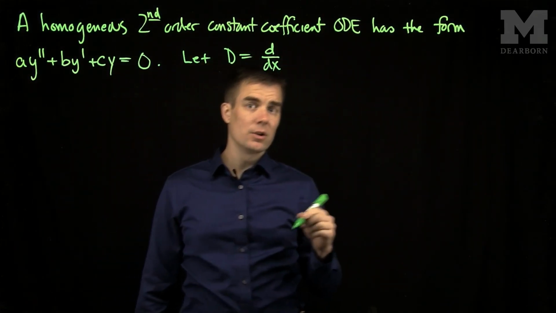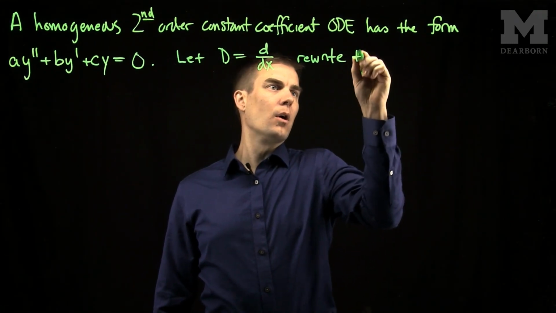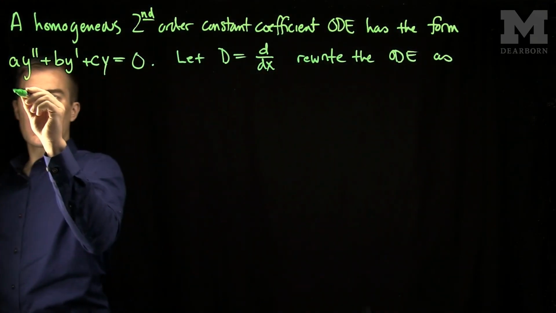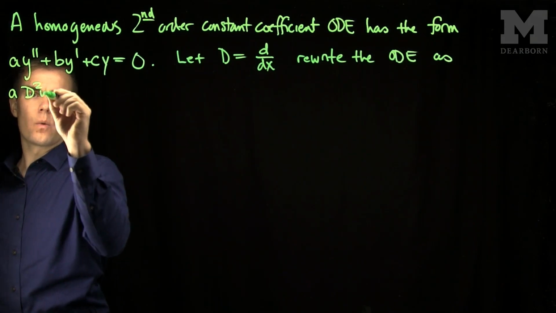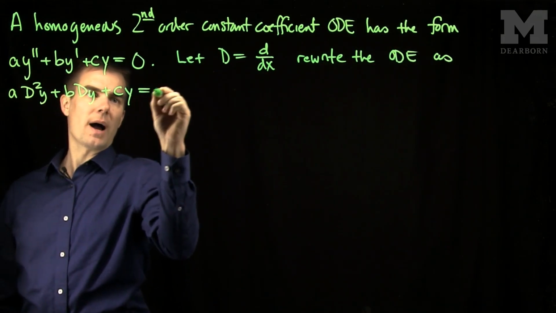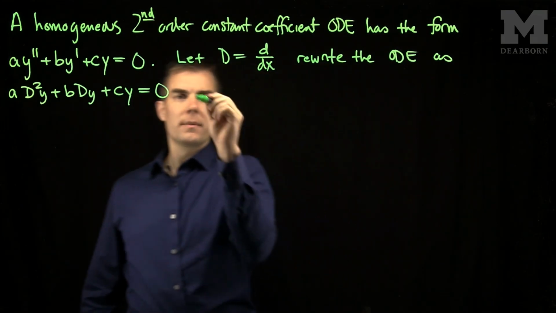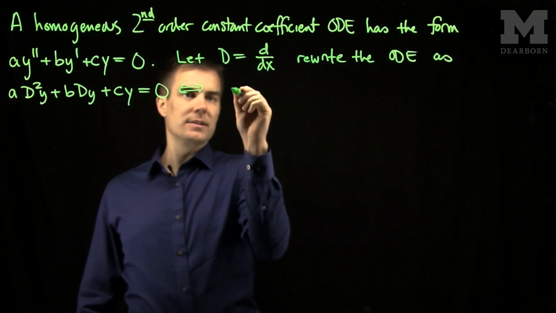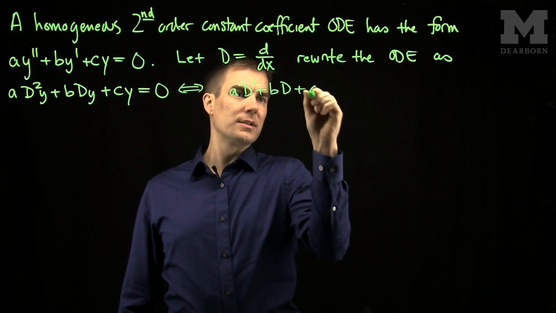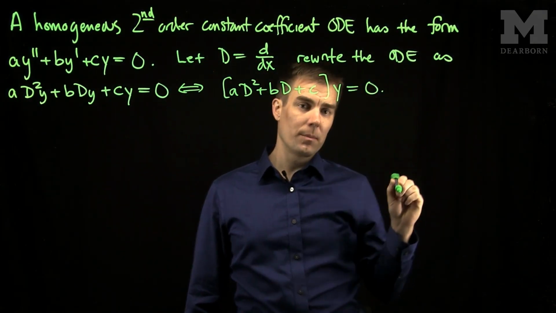So we use capital D to denote a derivative and rewrite the ODE as a D squared y plus b D y plus c y equals 0, and treat this as if it were a polynomial and write this equation as a D squared plus b D plus c applied to y equals 0.